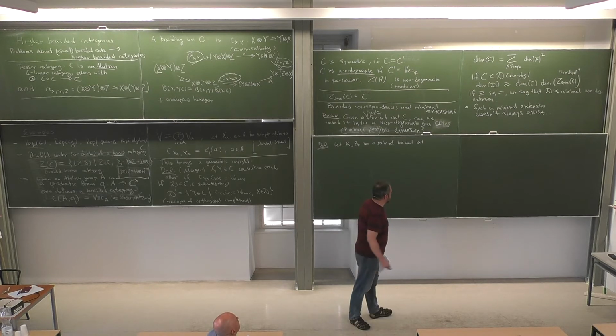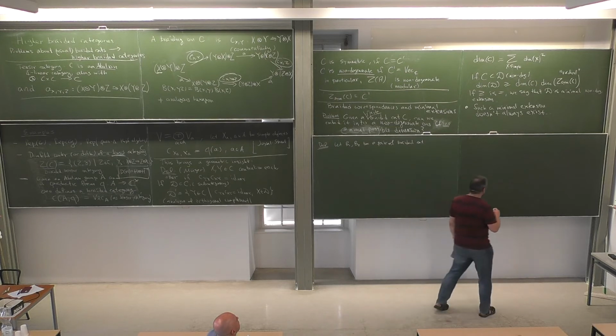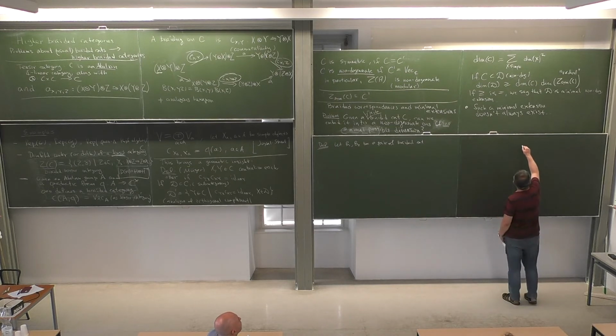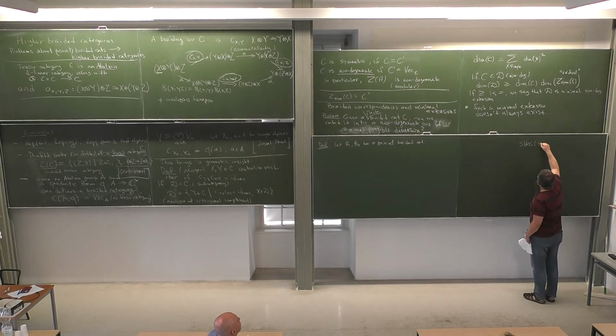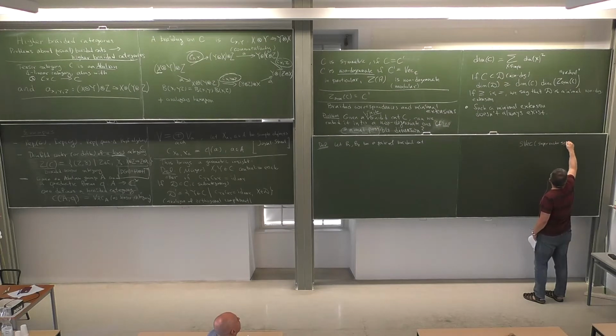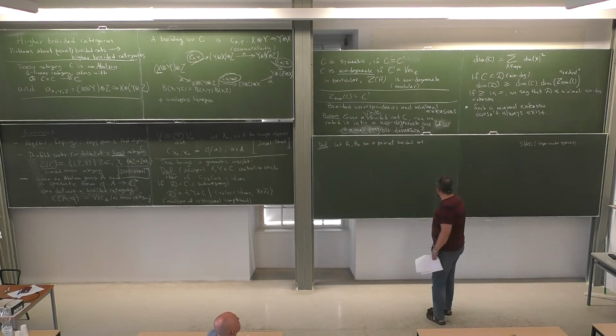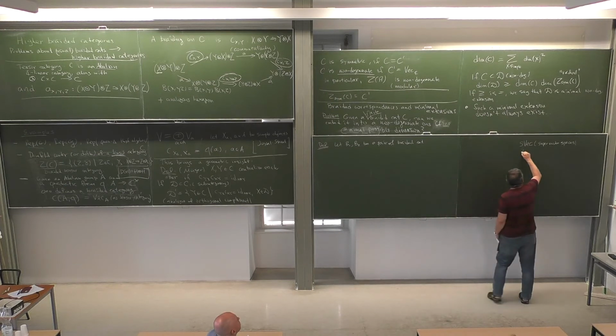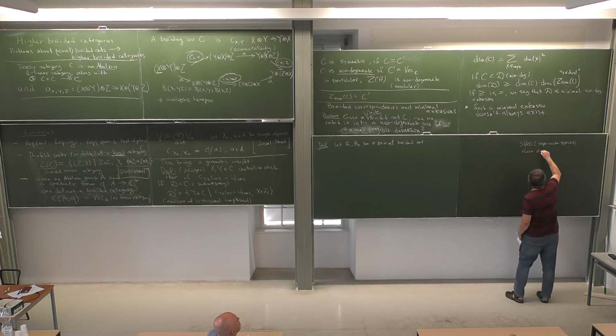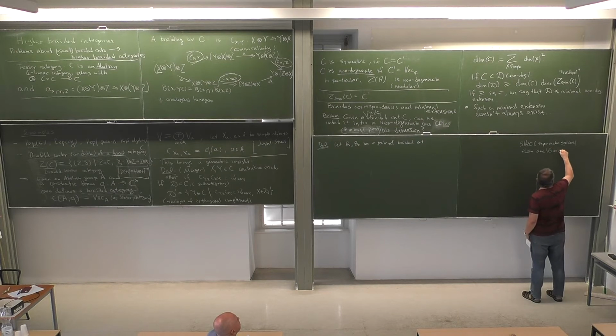So for example, I wanted to save this for later, but let me say it now: for the category of supervector spaces, which is, of course, one of the simplest imaginable categories, there are 16 minimal extensions.